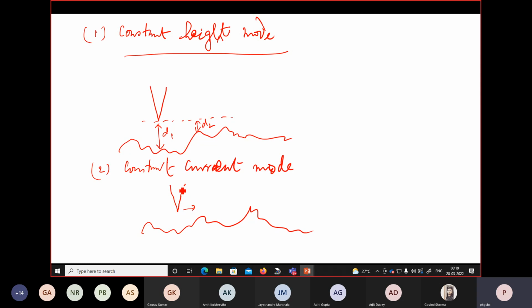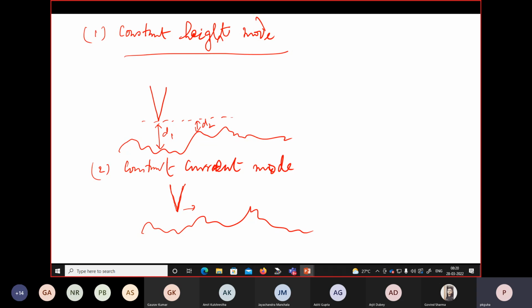So what you do is change the height of this tip so that the current remains the same. Okay, so you change the position of the tip so that the current remains the same. So from here also you can create the profile of the nanostructure.